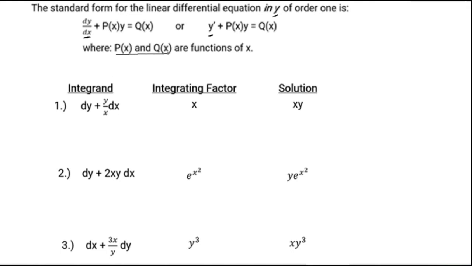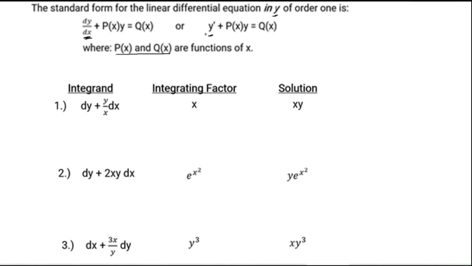and q(x) are functions. In this form, please note three important things. First, the first term on the left side of the equation contains only the dy over dx or y prime, no other coefficients.